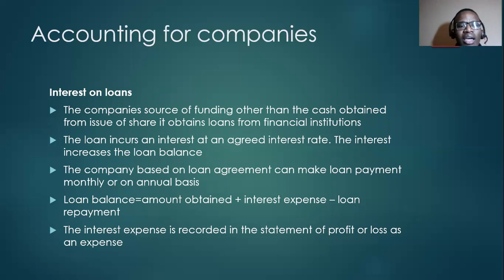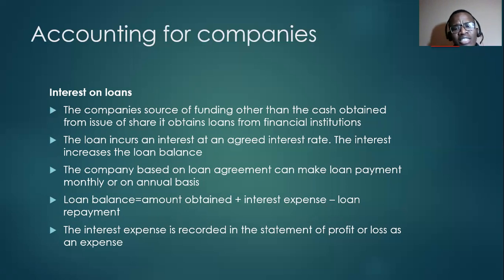Then, obviously, when the loan is obtained, the company will have to agree on a certain interest rate, whereby it says, okay, we've obtained this loan, then we're going to pay this loan plus interest, so that the provider of that loan reduces the risk of the company not being able to pay, right?